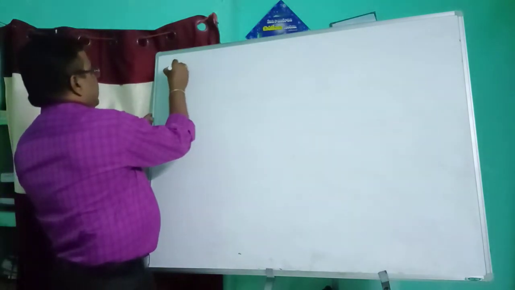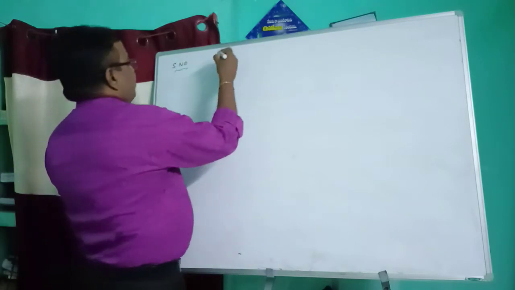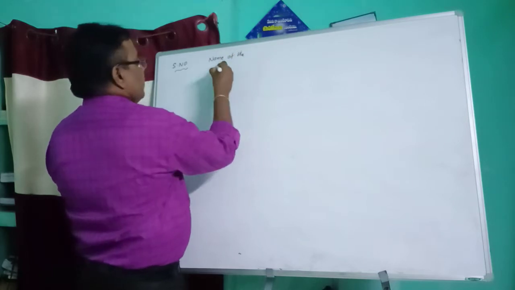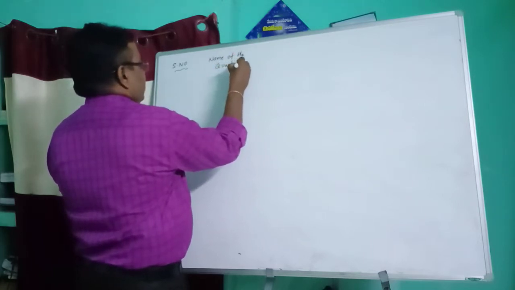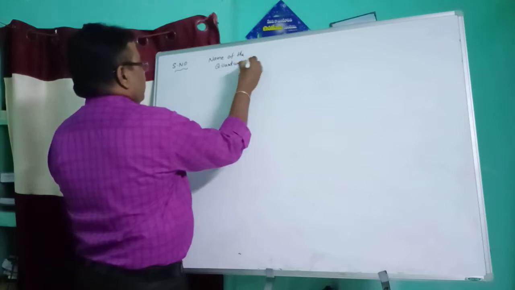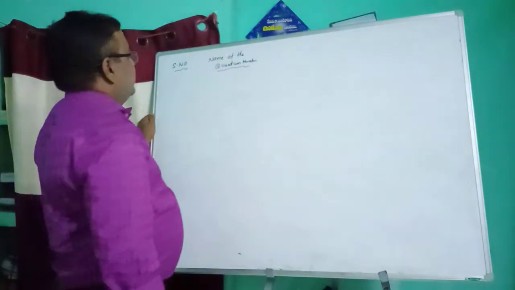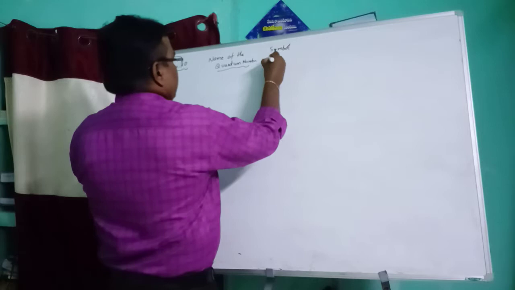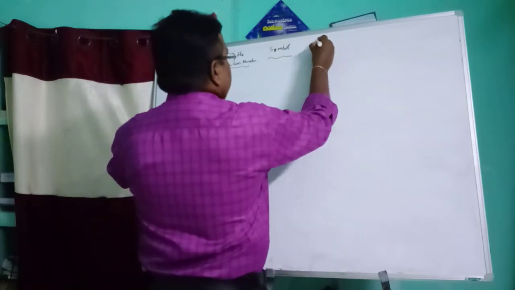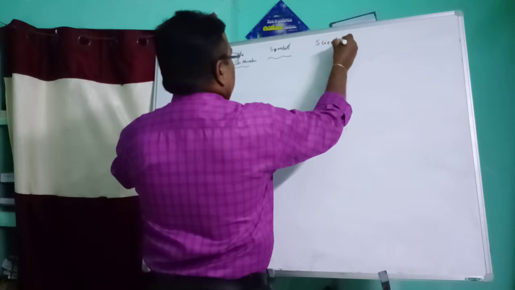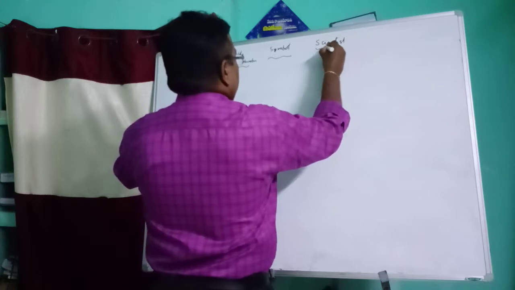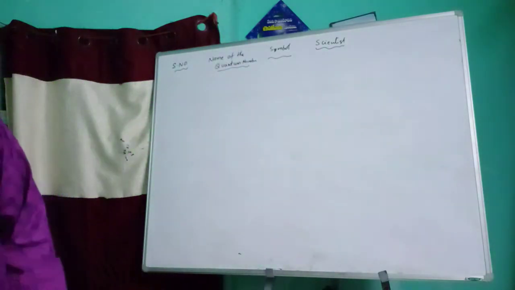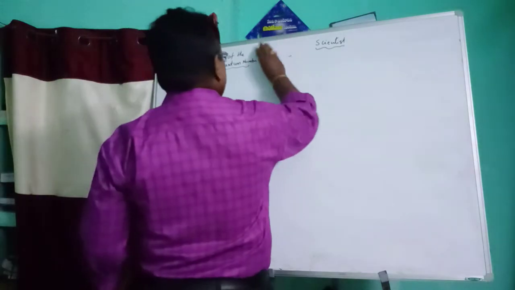First one is serial number, next name of the quantum number, next scientist, then symbol.